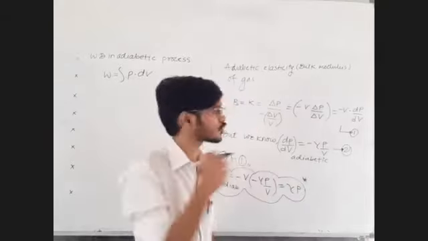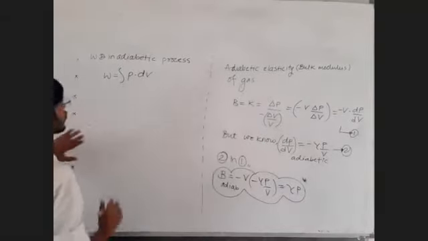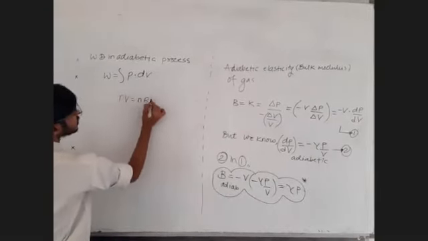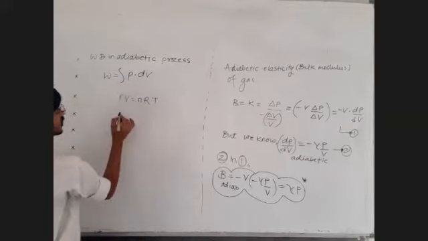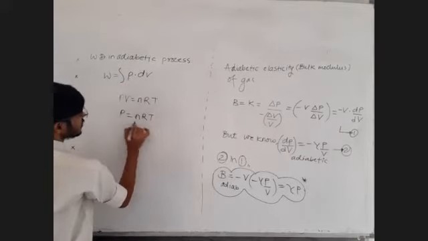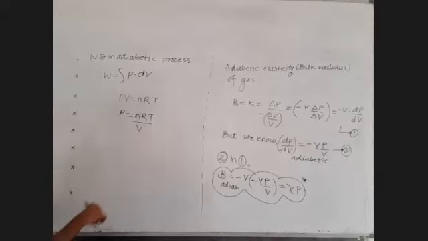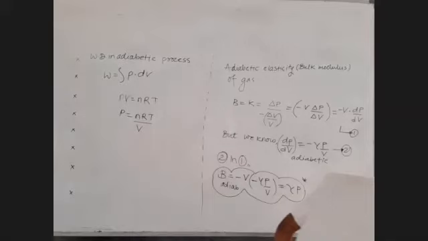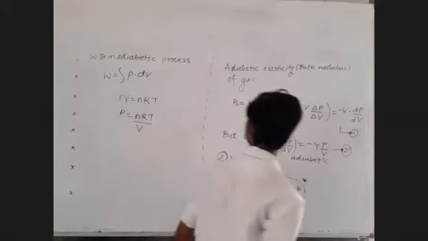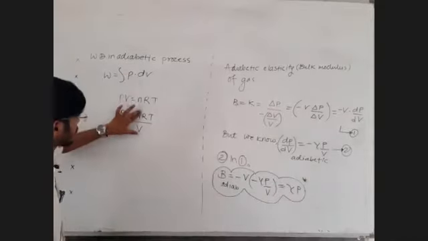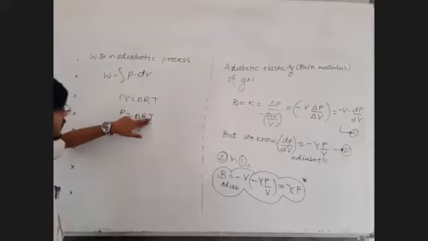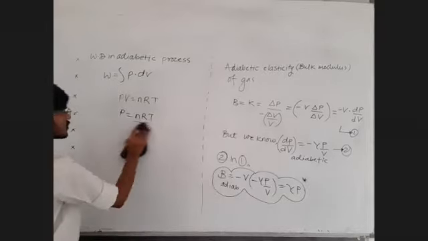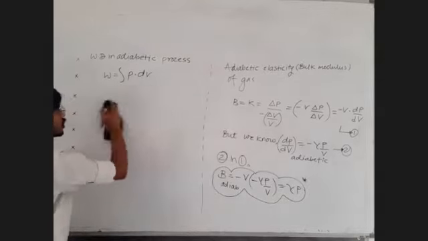If it were an isothermal process, we know PV equals nRT, and we could have replaced pressure by nRT by V and found the answer. But this is not an isothermal process, so temperature is not constant. Even if you replace pressure here, temperature is also variable. You cannot take it out of the integration. So this won't work.